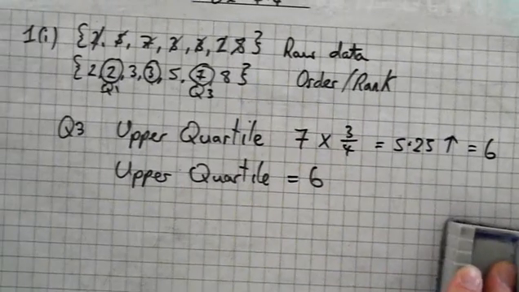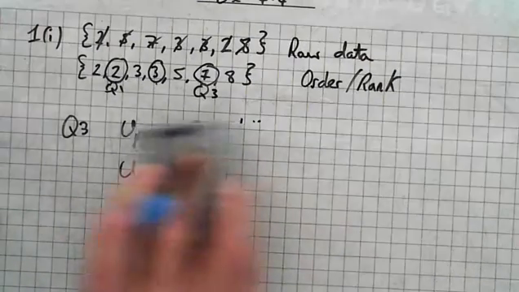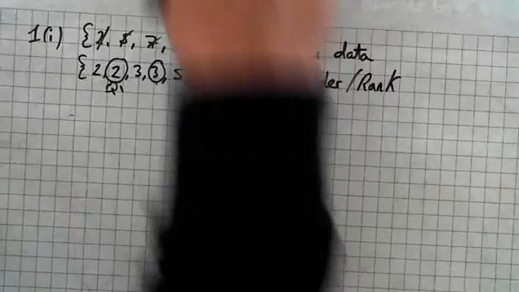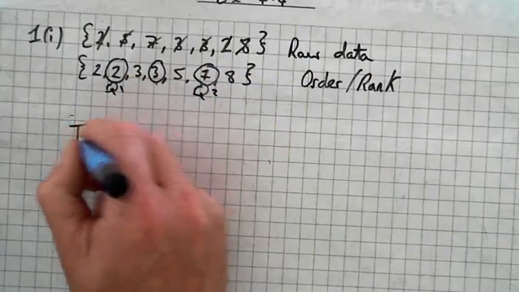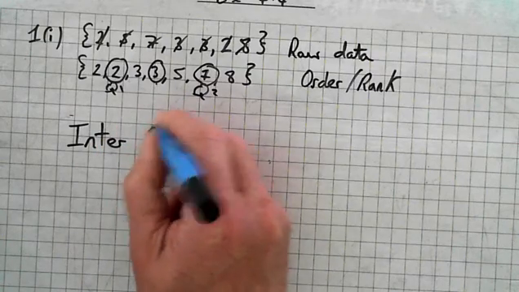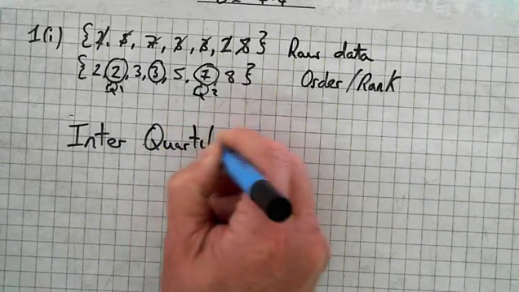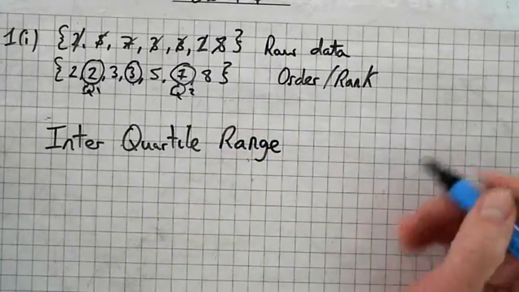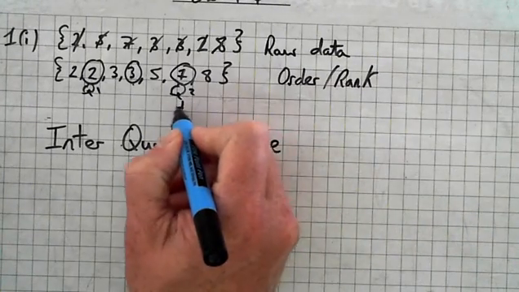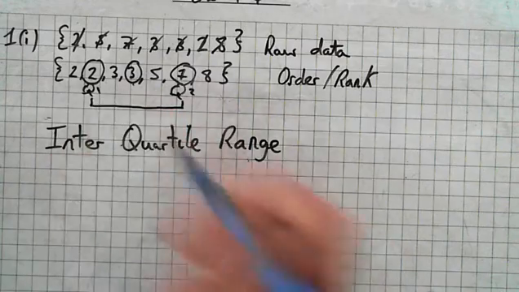Okay, so now we'll get the interquartile range. What does interquartile mean? The interquartile range is the distance between Q3, 6, and Q1, 2.